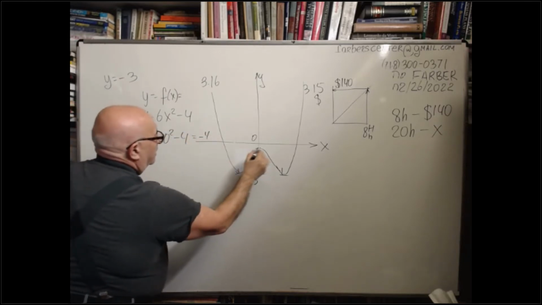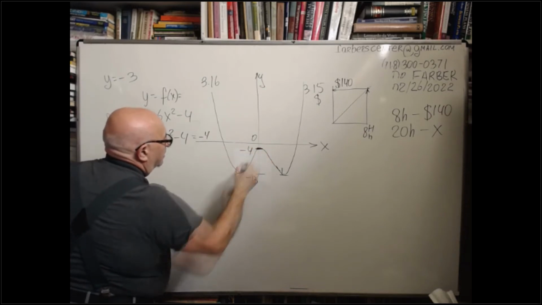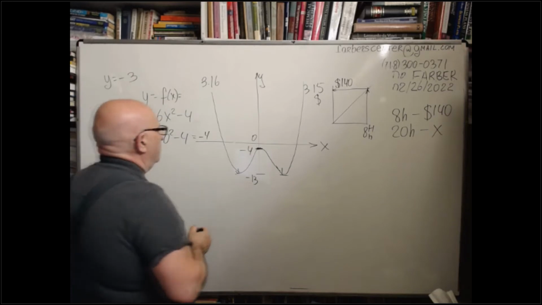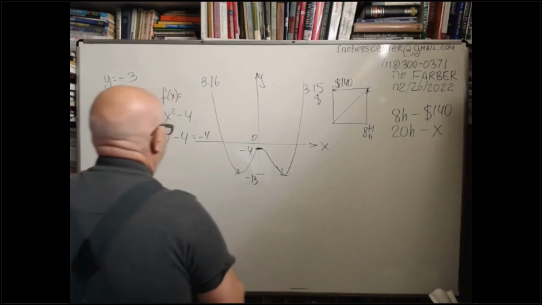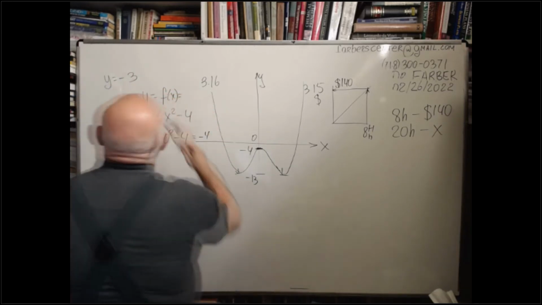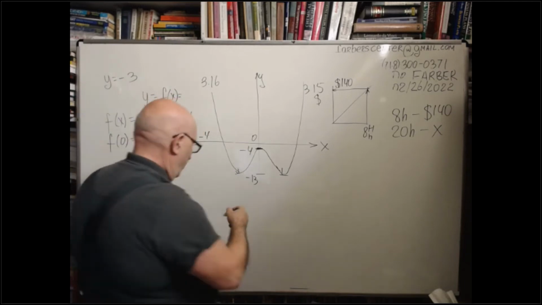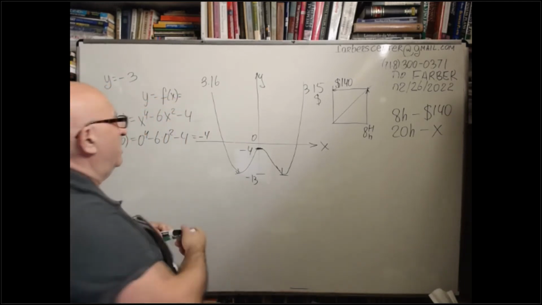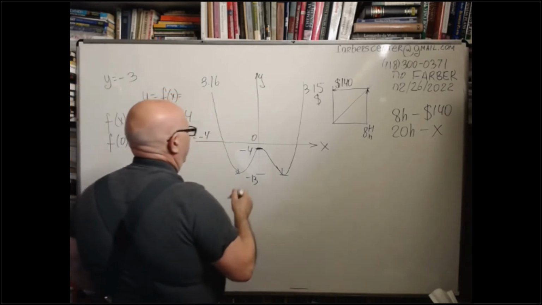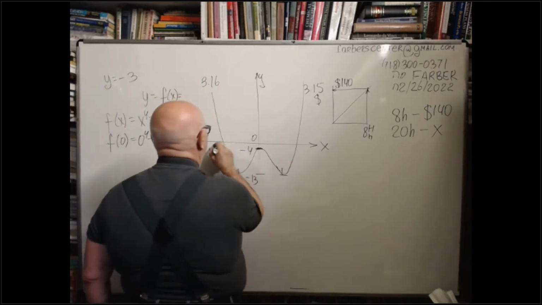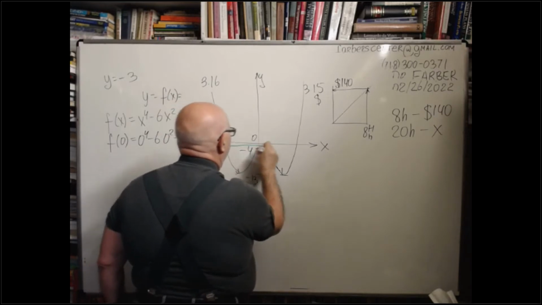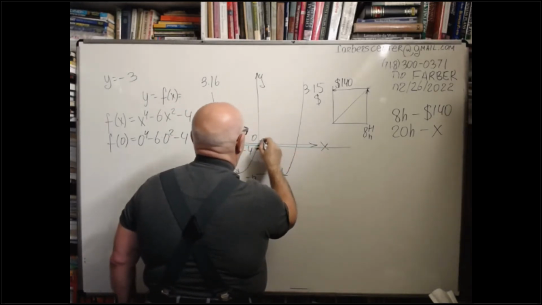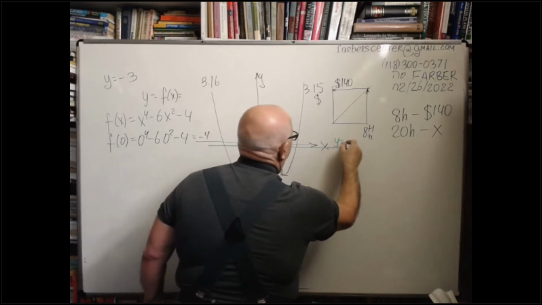So this is -4, and this is -3. And they ask you when y equals -3. I'll take a different color. The line y equals -3 is parallel to the x-axis.